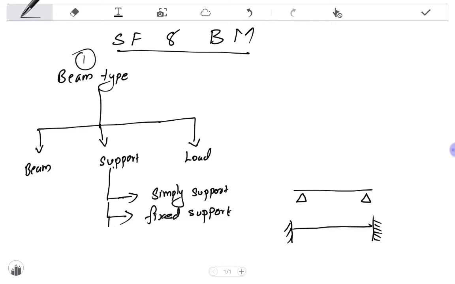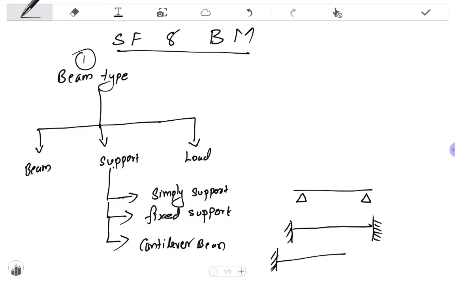Another support we have is the cantilever. In a cantilever beam, only one end of the beam is permanently fixed to a support. So that is called a cantilever beam.